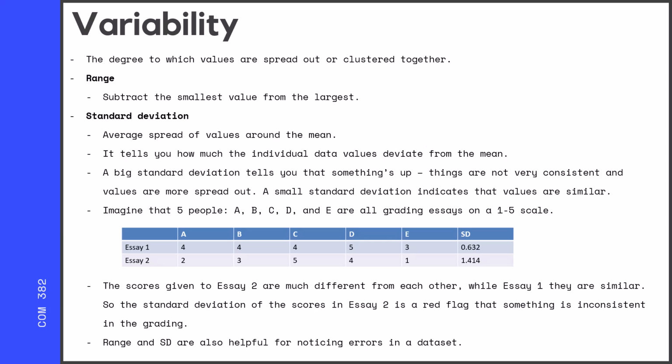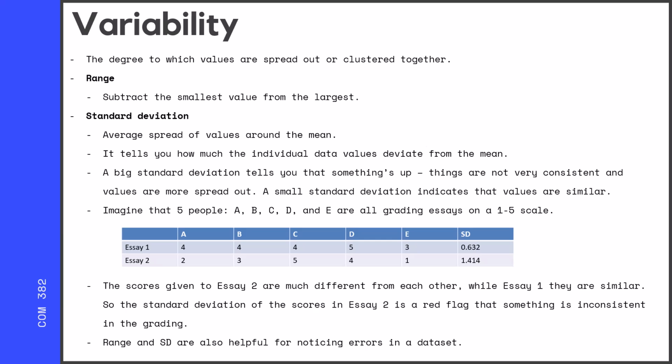But for essay 2, it's 1.41. It's higher than 1. It lets us know that the jumps away from the mean are really far apart. So in this case, it's a red flag that something's inconsistent in the grading between these professors.